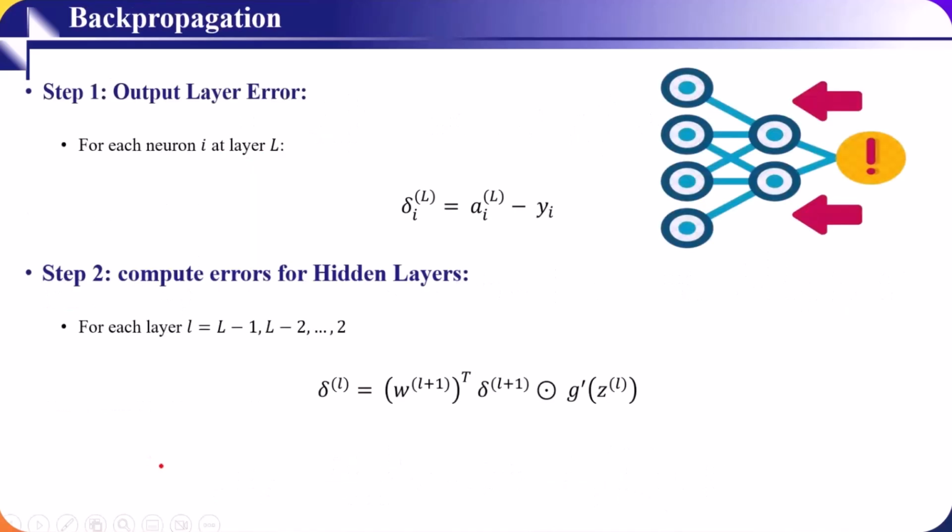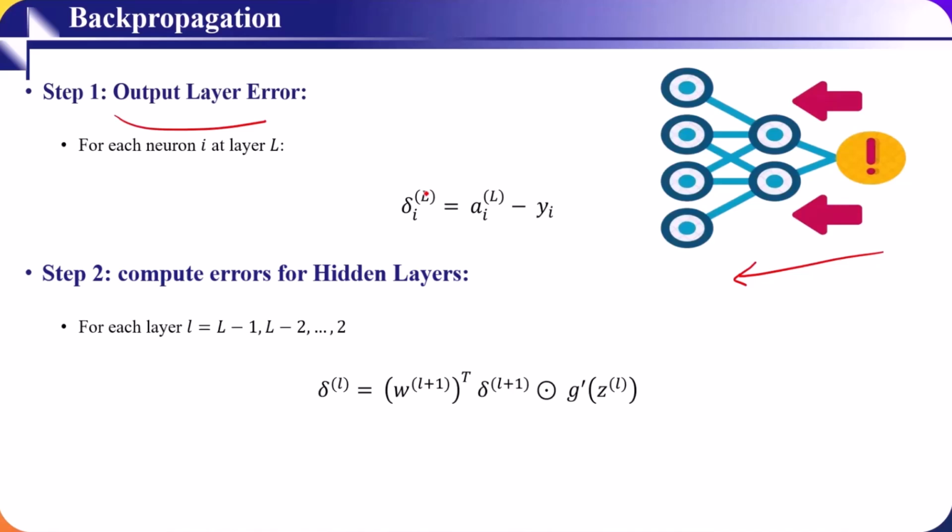So here is the step-by-step error calculation in backpropagation. In the first step, we calculate the error at the output layer because we are going back, right? In forward propagation, we go from input layer to output layer. In backpropagation, we come from output to input.